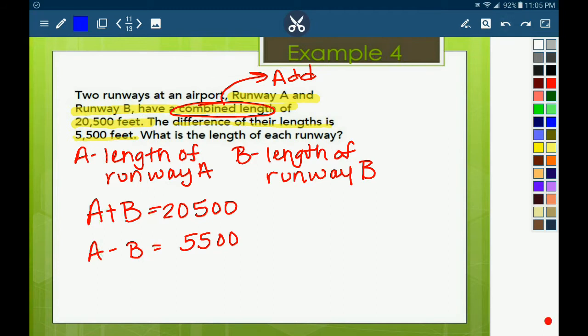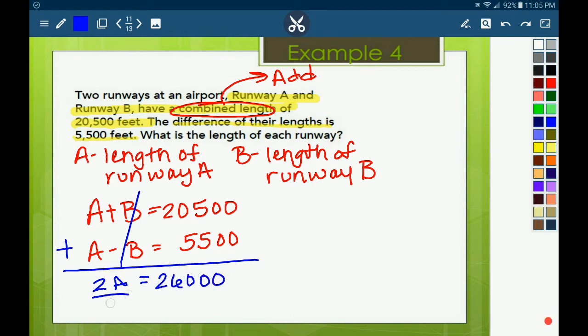So I'm going to change this into a giant addition problem. So A plus A, that's 2A. Positive B plus negative B goes away, and we're left with 26,000. Divide that by 2. We get that A is 13,000.